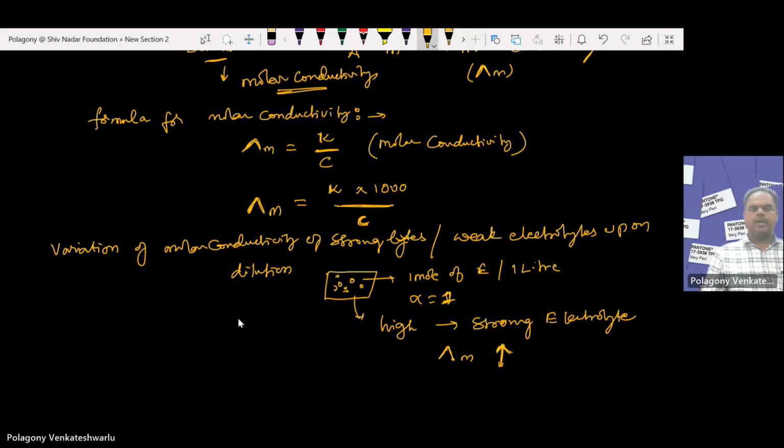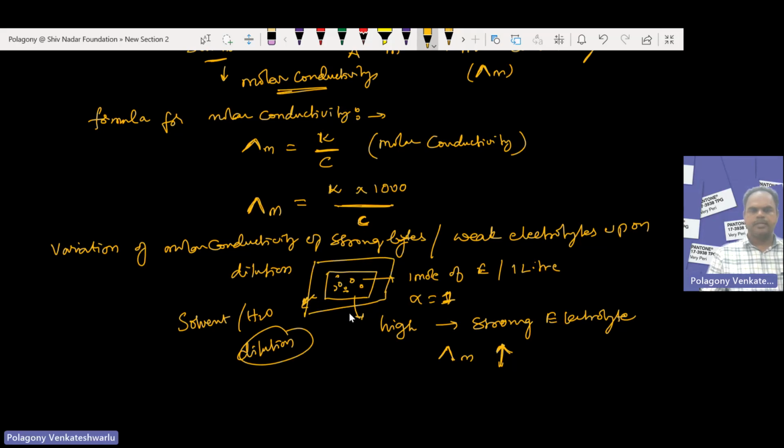And when we add an excess amount of solvent like water to this same electrolyte solution, whose number of ions is fixed at 1 mole, it is called dilution. Then the volume of solution increases, but the number of ions is the same.